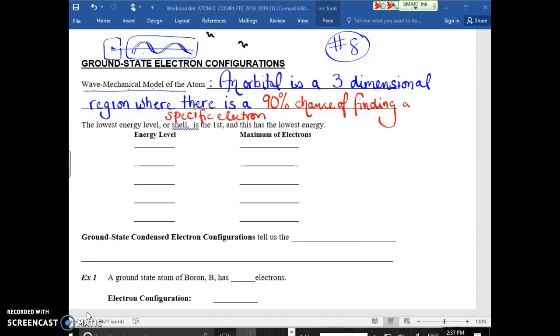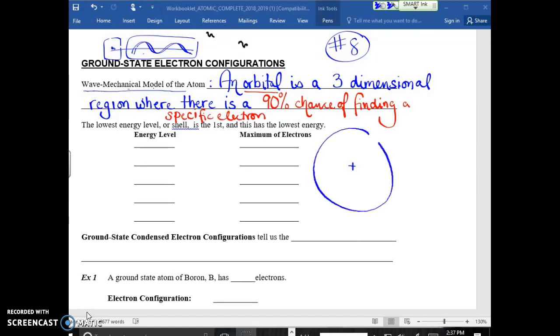So when I talk about electrons, I need to say the following. When it comes to talking about where we find electrons, we need to talk about orbitals. An orbital is a three-dimensional region where there's a 90% chance of finding a specific electron. So what isn't an orbital? I think I said earlier that an orbital is not an orbit.